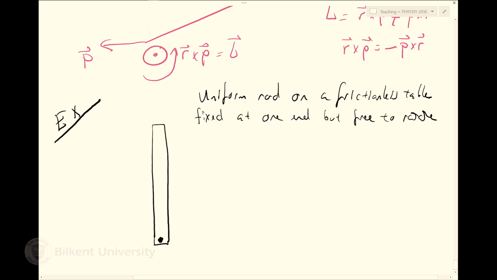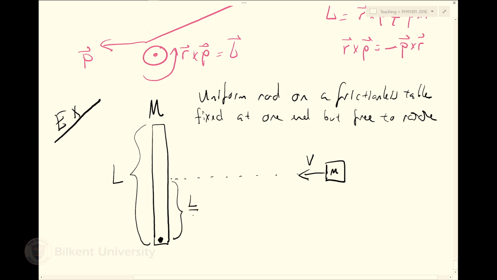Now, let's say that I'm sending a mass m with velocity v, and the total mass of this rod is m, and its length is L. And this object is exactly going to hit the center of my rod.